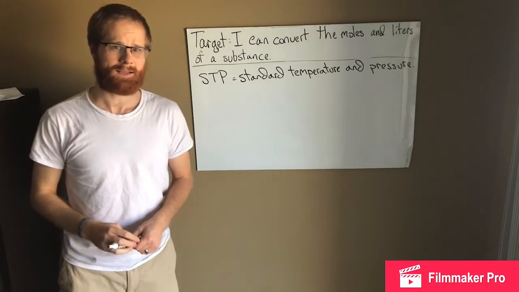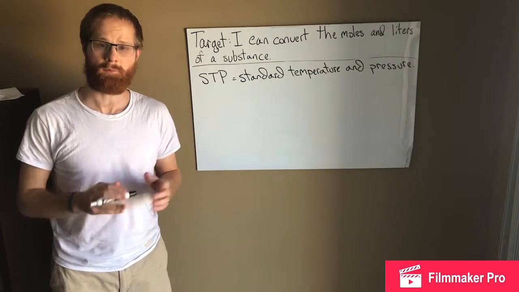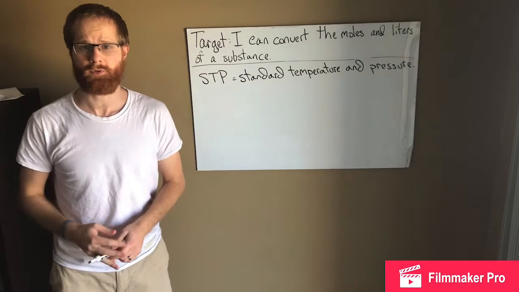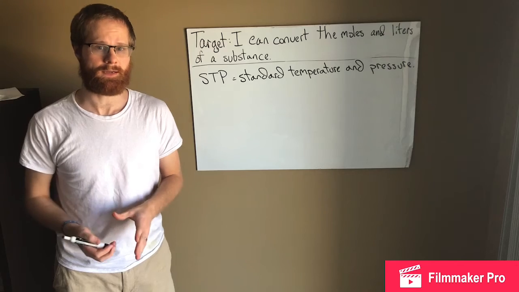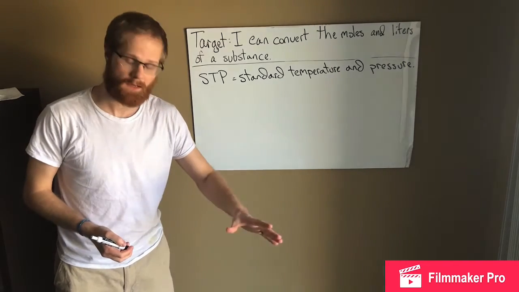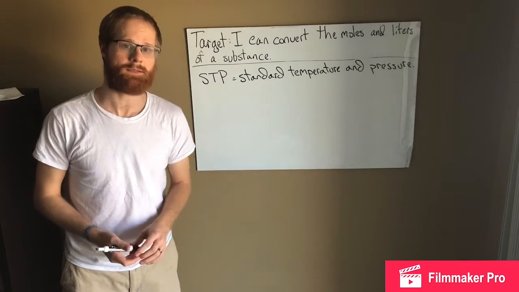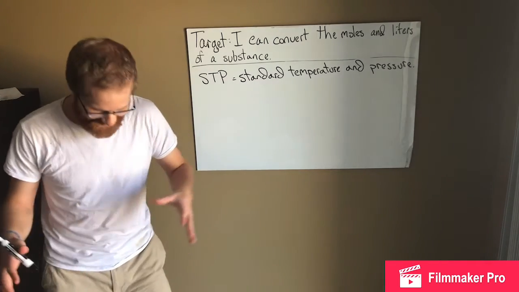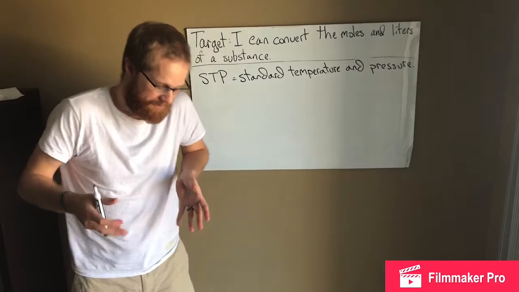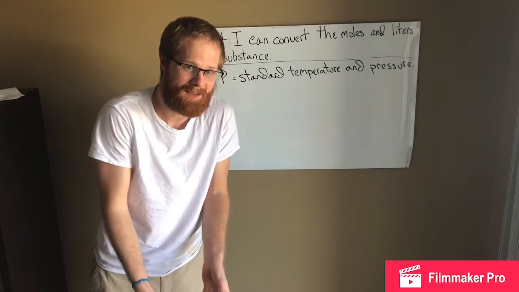So why does STP matter when we're converting moles and liters of a particular substance? Well, it really matters for gases. Things like solids and liquids, we can very easily find their masses using a triple beam balance. But it's not like I can just take the air in this room and put it on top of a triple beam balance.